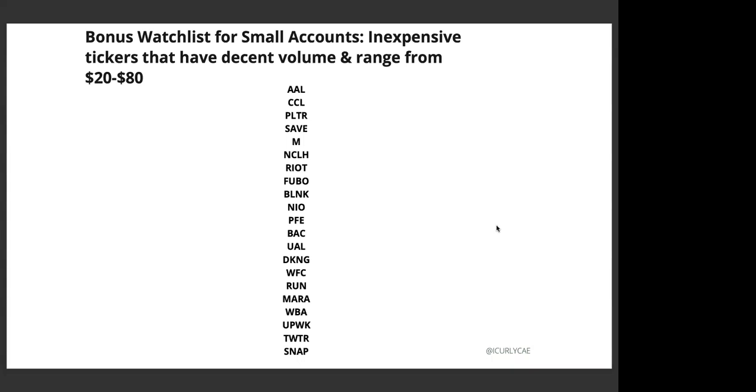But a lot of times we buy multiples, because if I can get 20% on one contract, the more contracts I buy, I'm just multiplying that by however many contracts I have, which helps me make more money quicker, right?